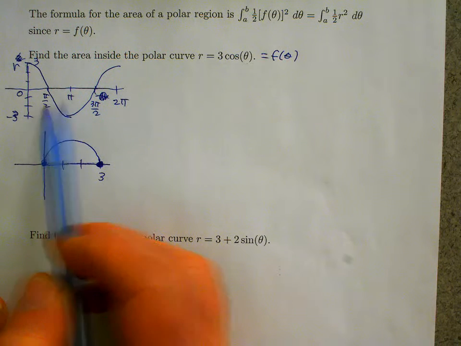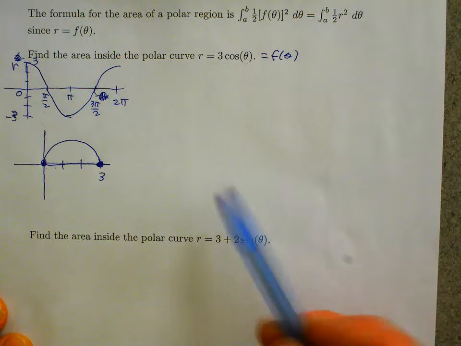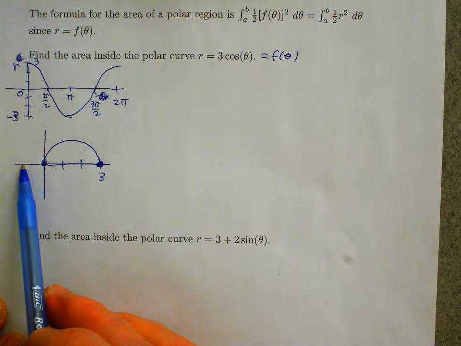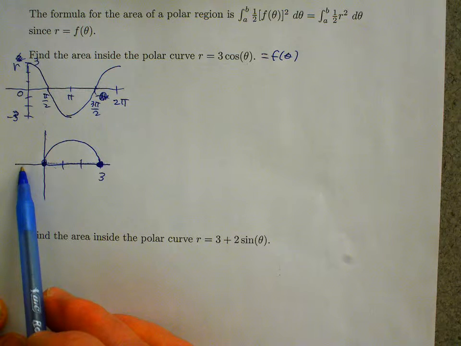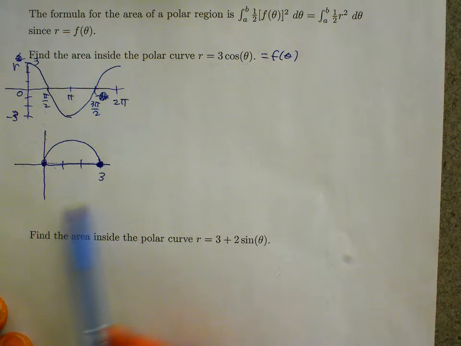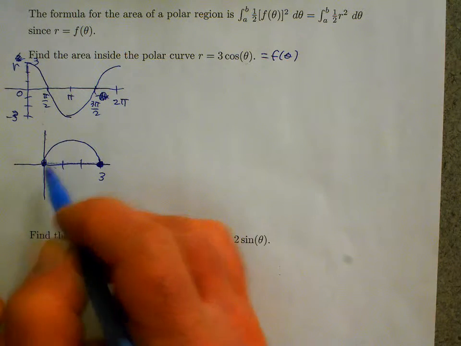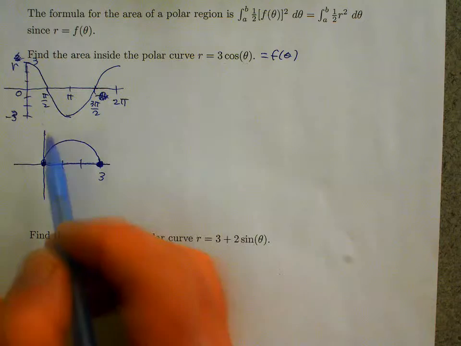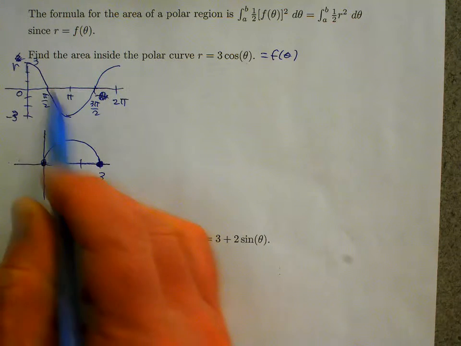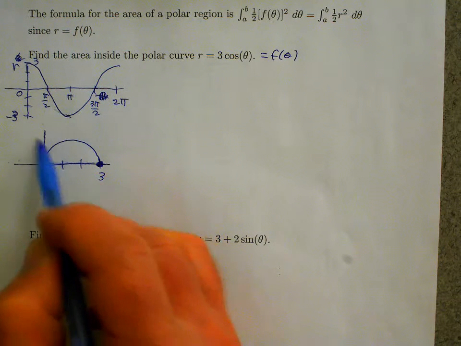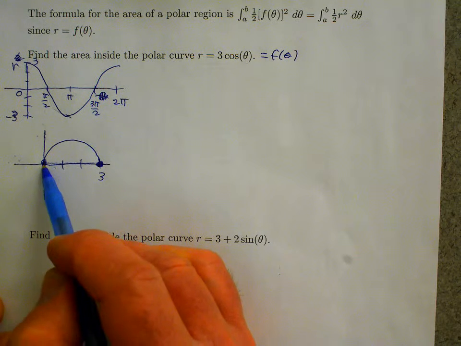Between pi over 2 and pi, so those are the angles from the second quadrant to the third, the r values are negative. So what's going to happen for the polar curve? Yes, between pi over 2 and pi, the r values are negative, so they'll be on the opposite side of the origin.